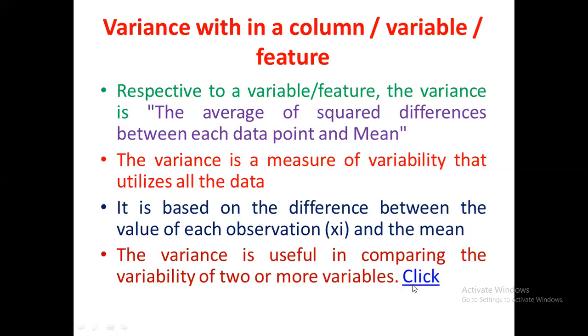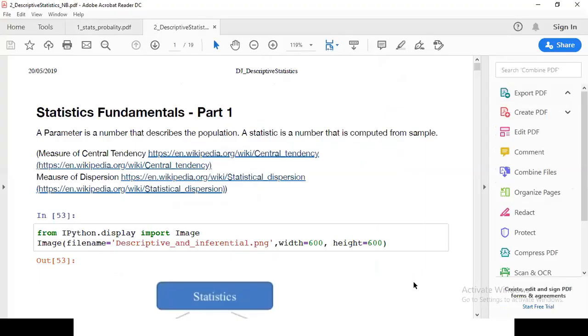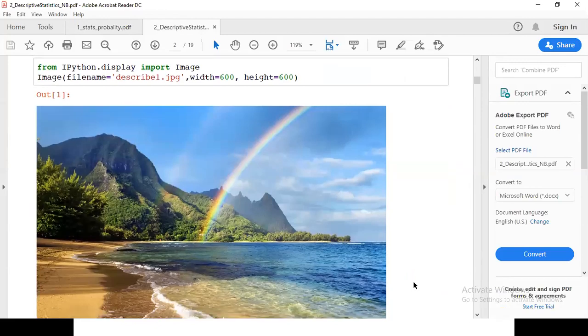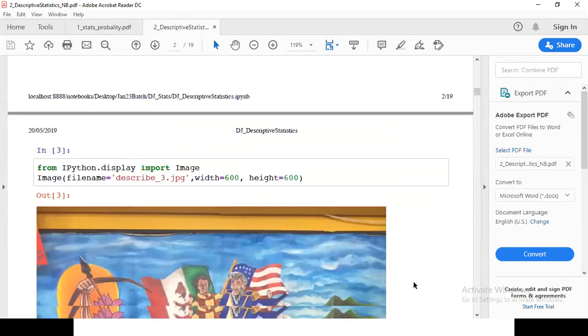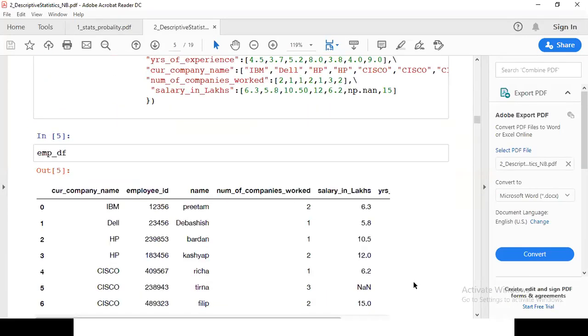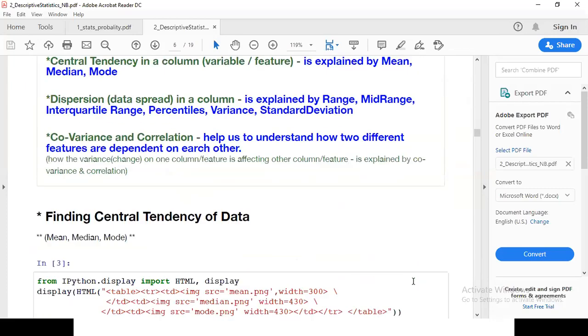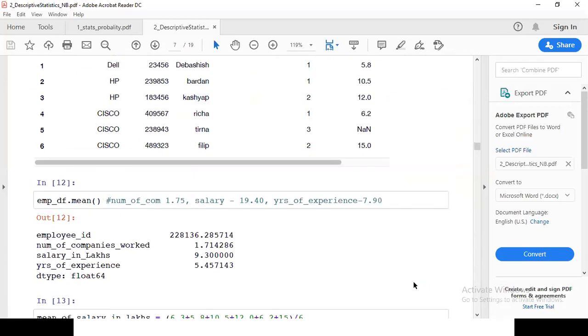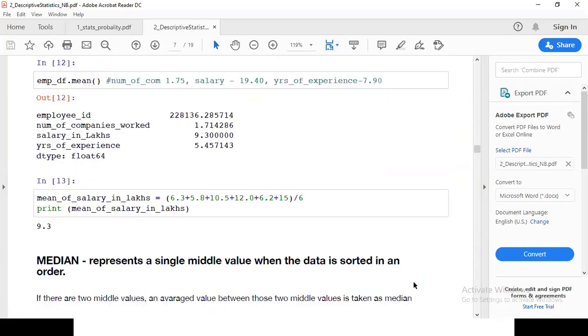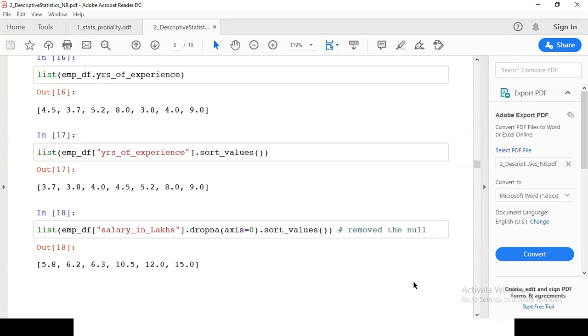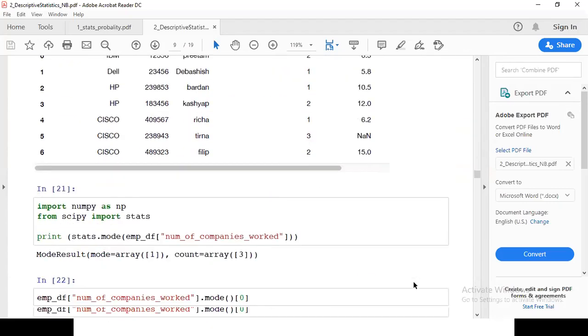So let's see this variance and standard deviation, and how we can apply this to data sets.